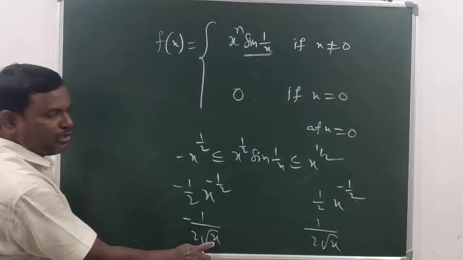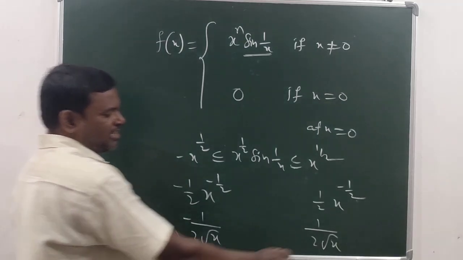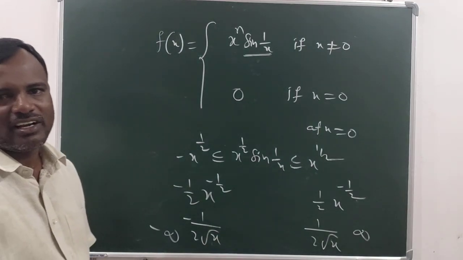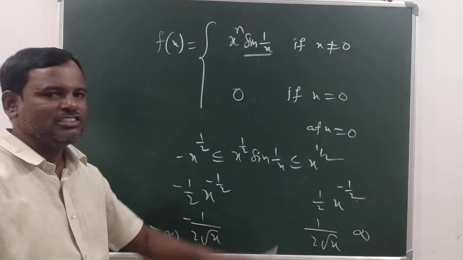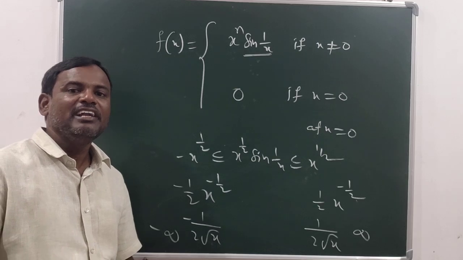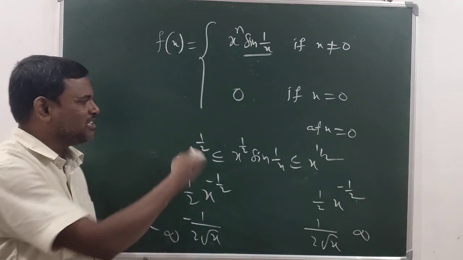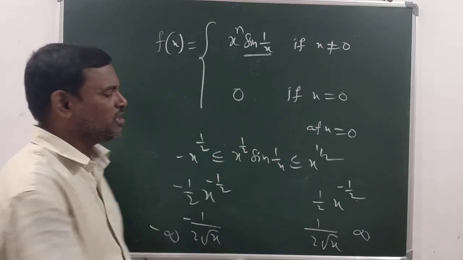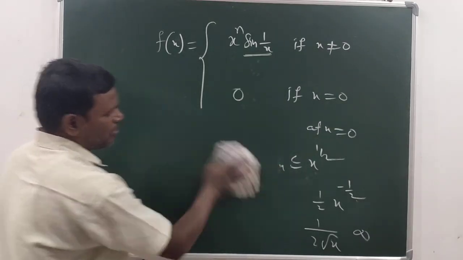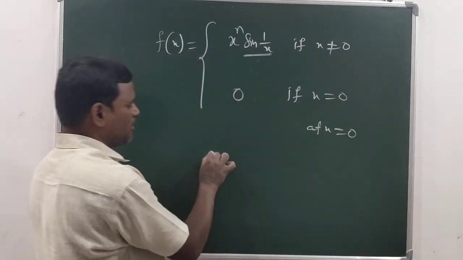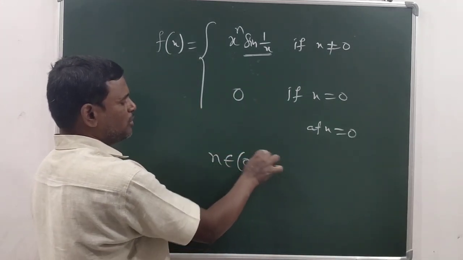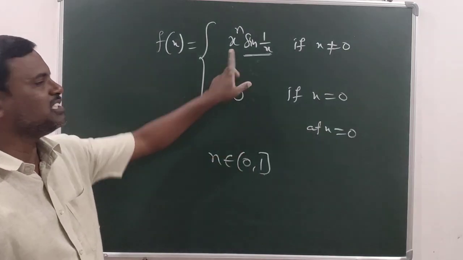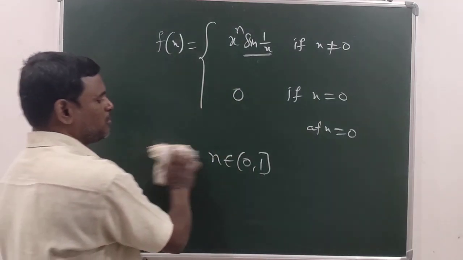If you put x as 0 here, it attains minus infinity and positive infinity. Both are not defined. LHD and RHD both are attaining indeterminate values. Hence this function is not differentiable when n belongs to the interval open 0, closed 1. In this interval, this function is continuous but not differentiable.